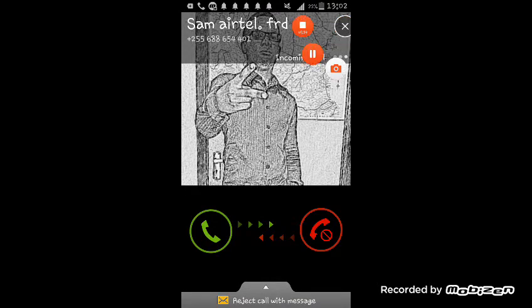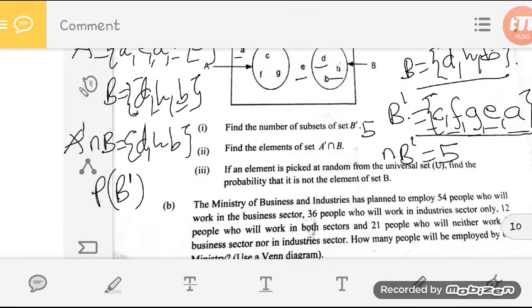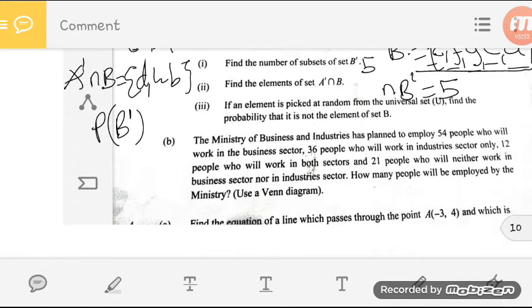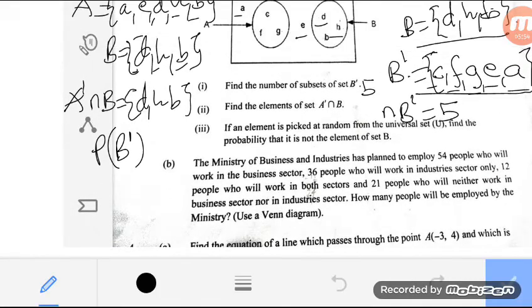In order to solve for the probability of B complement, we have to know the number of elements of B complement. Counting these: 1, 2, 3, 4, 5. So the number of elements of B complement is equal to 5.